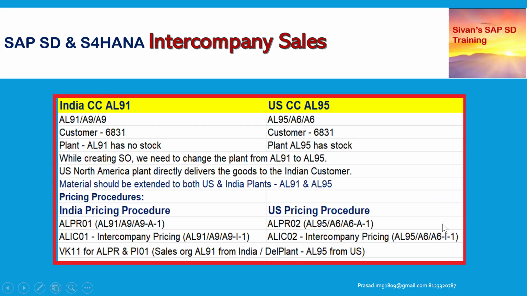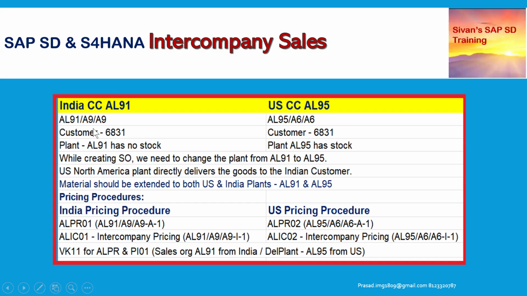And here you can see the difference: India company code AL91, customer 6831 requested to deliver the goods from the plant EL95 of the US company code, so that they will have the intercompany sales transaction. For that, this customer must be available in both company codes.